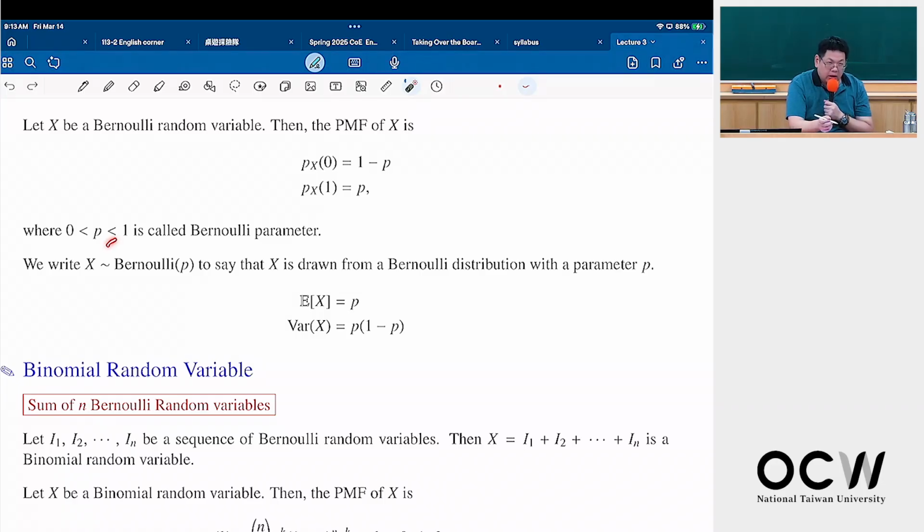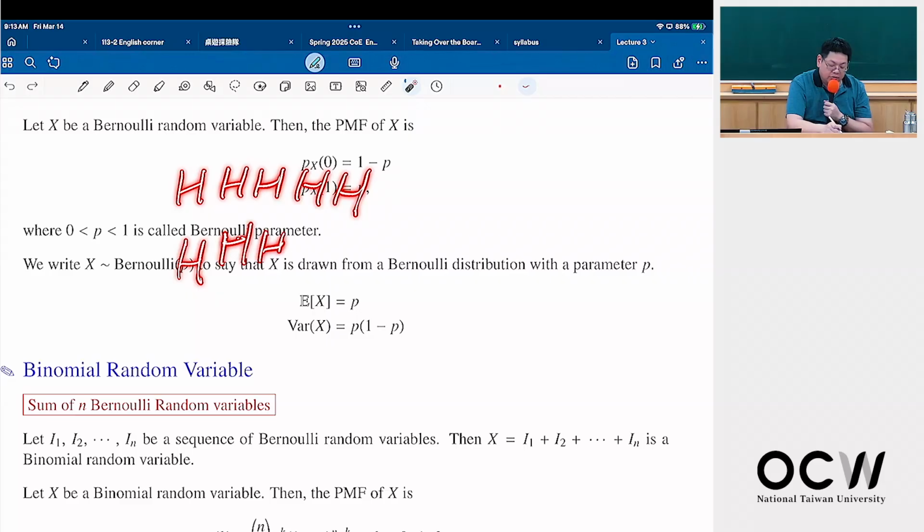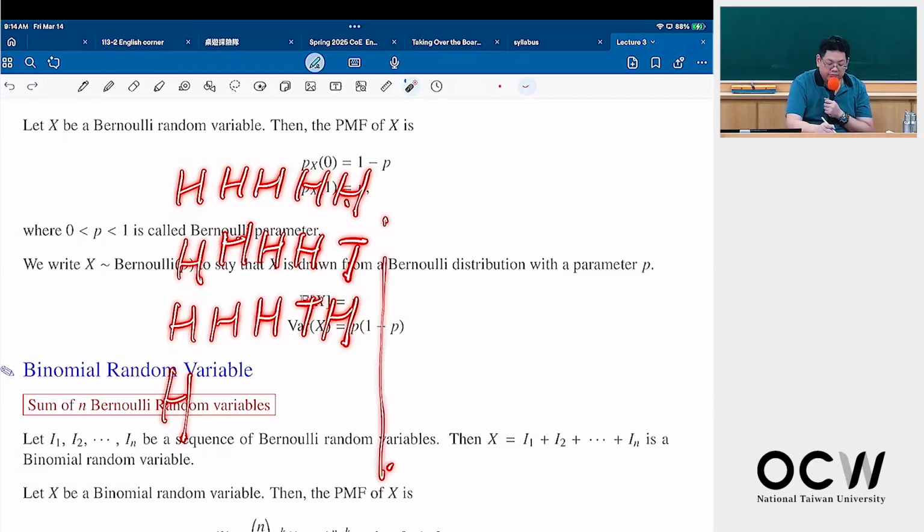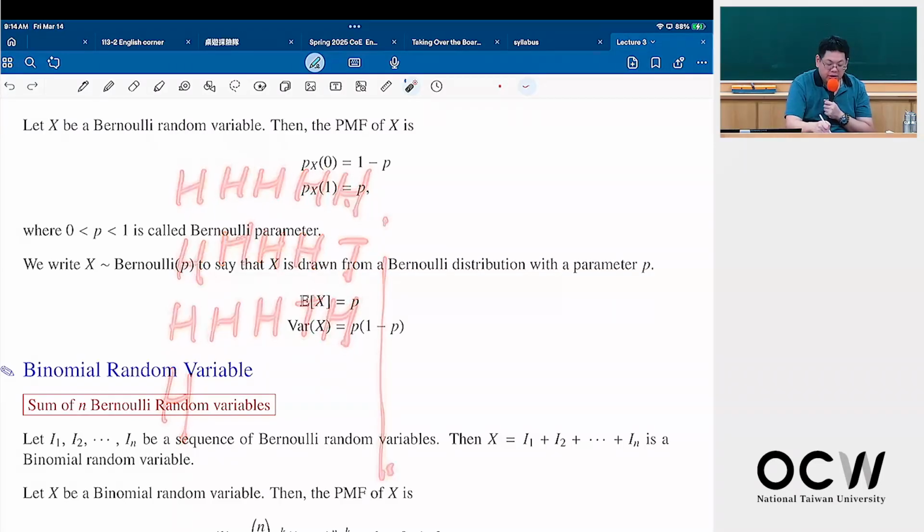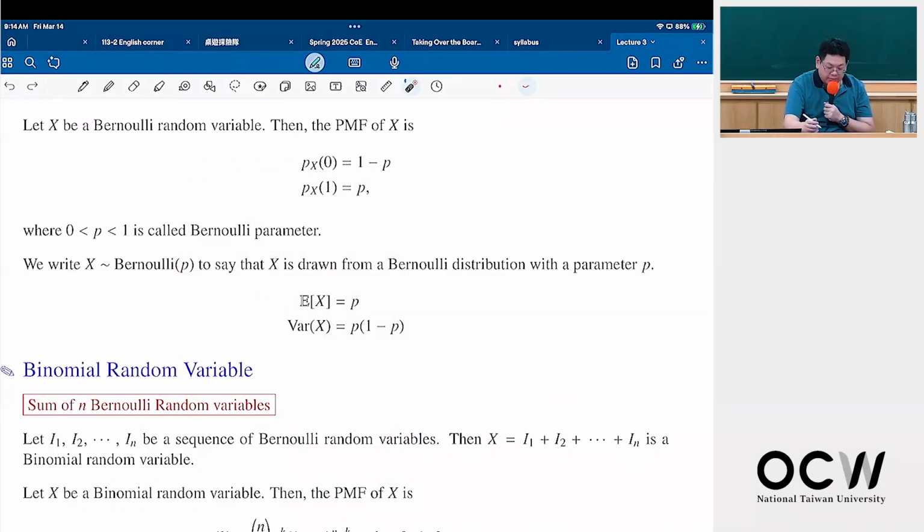For example, if I flip the coin 5 times, what is the probability of having 3 heads? Five flips will have so many results, so how about just 3 flips? I may get head, tail, head, or tail, head, tail, and so on. That is 8 possibilities, 8 realizations.